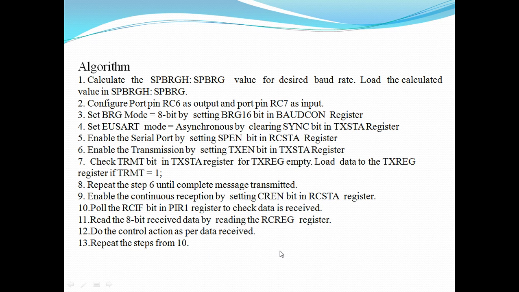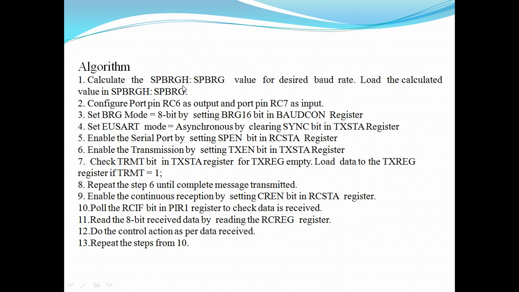After reception of the complete 8-bit data, we will read this register, and we can copy this data inside the microcontroller. If we want continuous transmission and reception, we will continuously follow these steps.